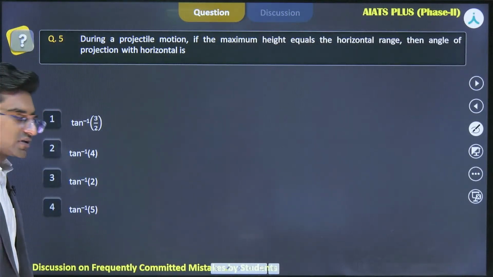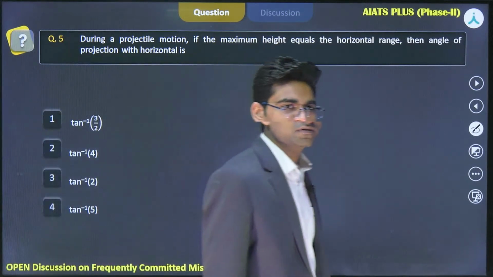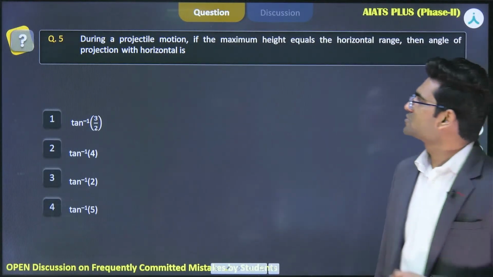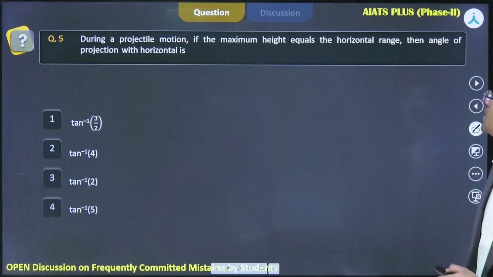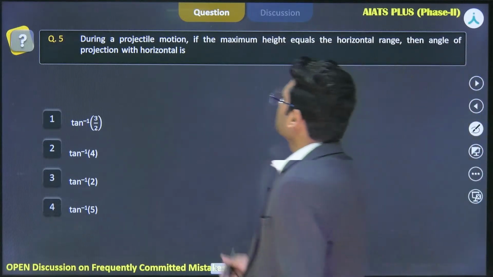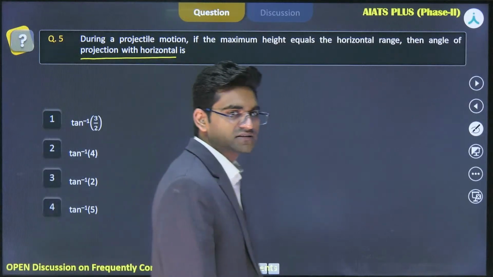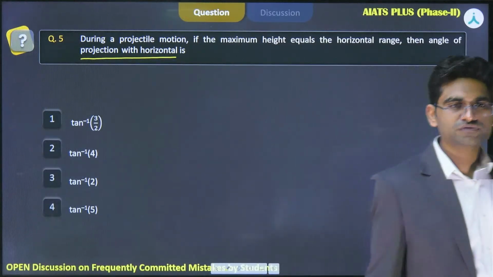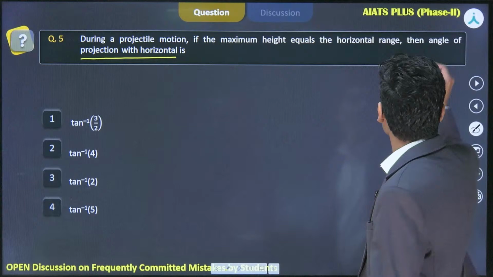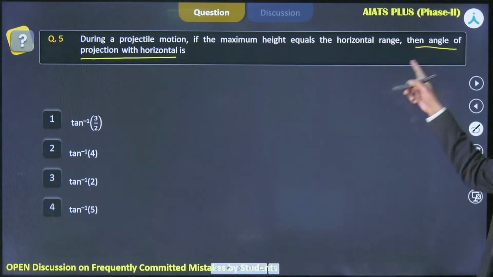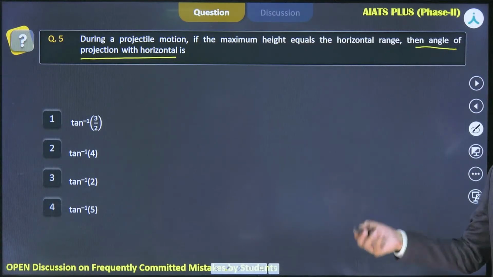During a projectile motion, again a question from 2D. Okay, projectile motion, but you know projectile motion very well. So during a projectile motion, if the maximum height equals the horizontal range, then the angle of projection with horizontal is. Now, notice that the angle of projection is asked from the horizontal direction, but sometimes to confuse you or to check your presence of mind, the examiner may ask the angle from the vertical direction as well.